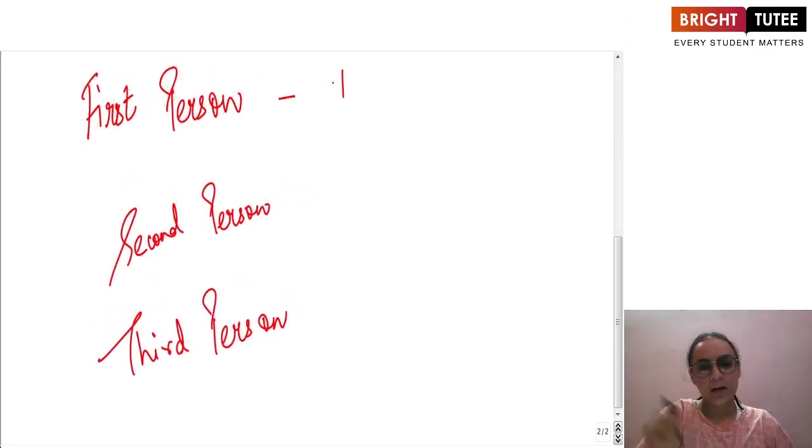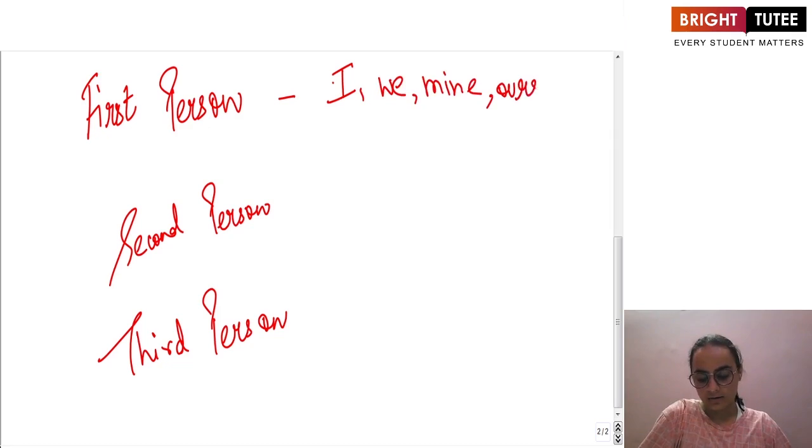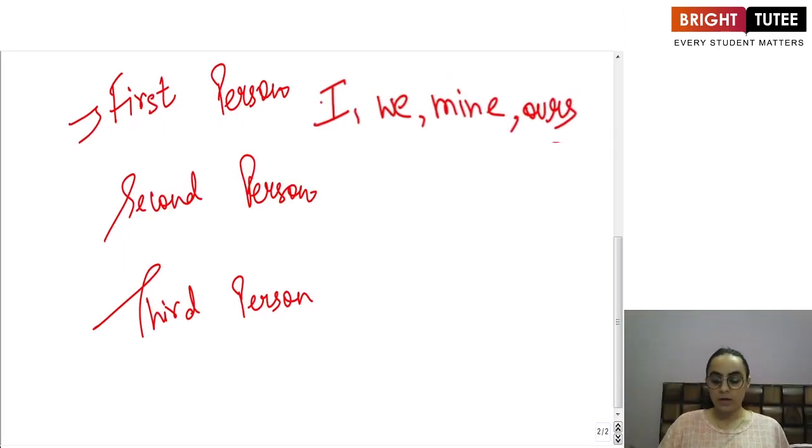First person pronouns include words such as I, we, mine, ours. These are my first person pronouns because these pronouns are used for the speaker.